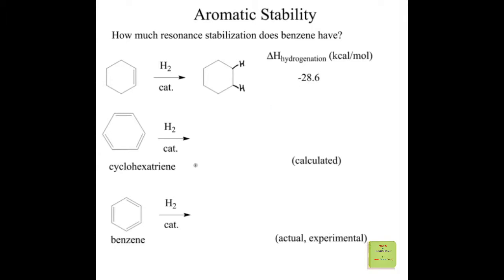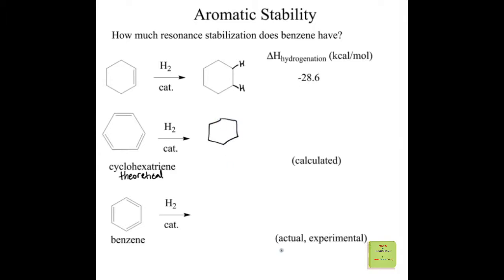So let's imagine we had a theoretical molecule, cyclohexatriene. If we put 3 double bonds in a 6-membered ring, but we didn't allow them to interact, so we had a double bond, then a single bond, then a double bond. If somehow we got rid of that interaction and ignored the fact that they were conjugated, a catalytic hydrogenation of this would give the same product.